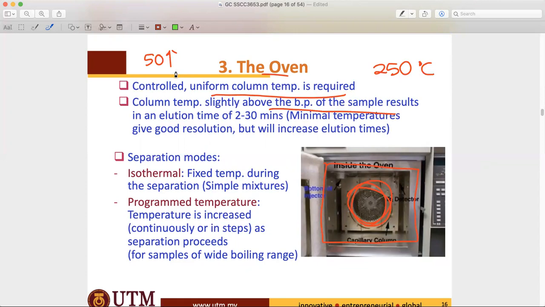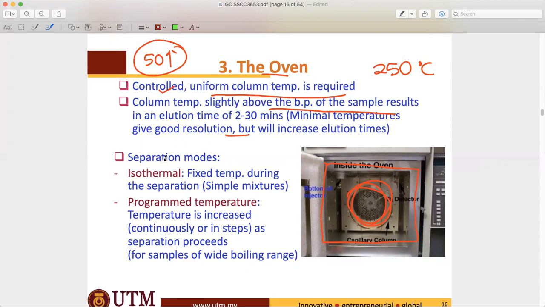But for the oven, we set it slightly above the boiling point of the sample, and in this case we can also use this principle. So that is the oven, and the important thing for the oven is that you need to make sure it is a controlled, uniform temperature.